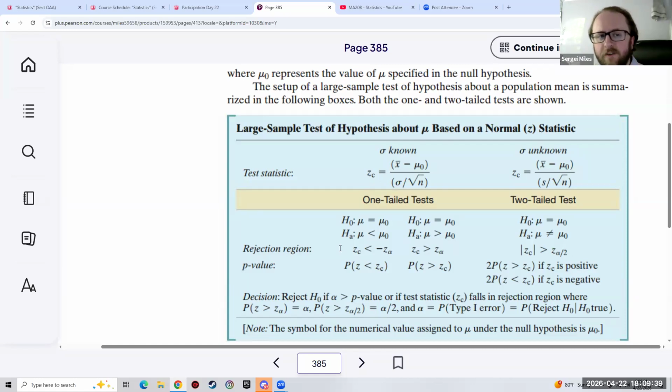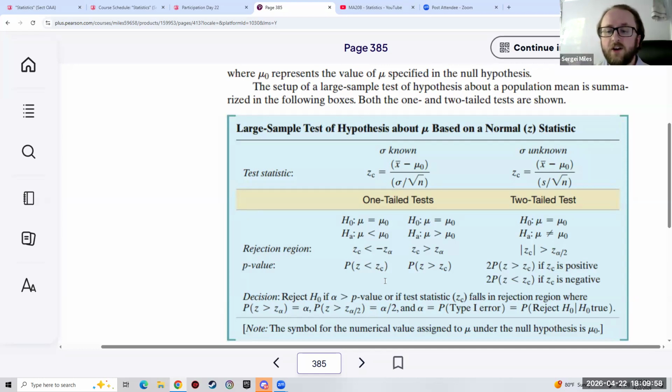Now, if it's some weird confidence level, like a 94% or a 96%, then a p-value might be easier, where we just directly calculate the probability. Well, what is the probability of my test statistic, wherever it is, of being that far away or farther?